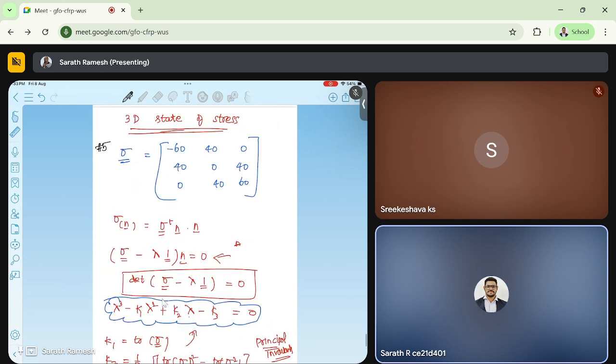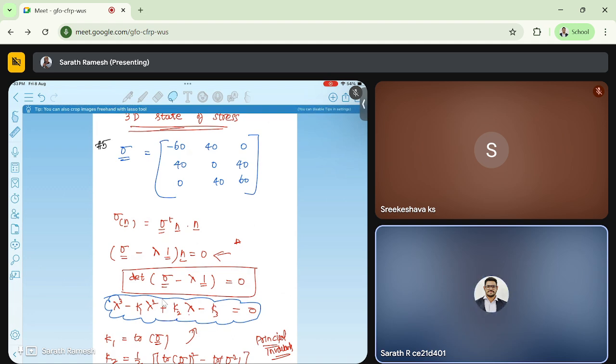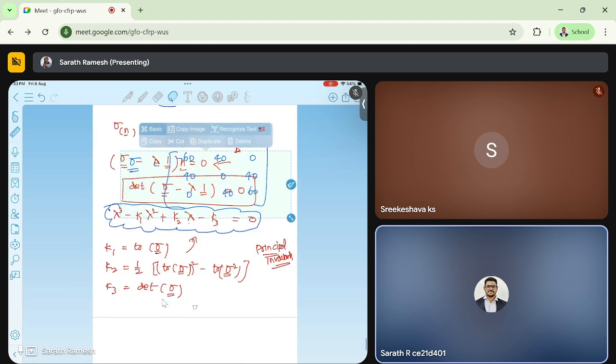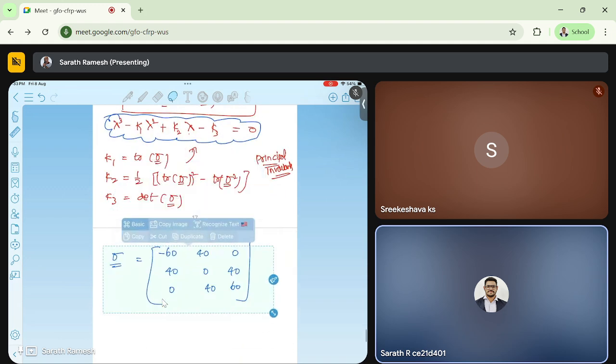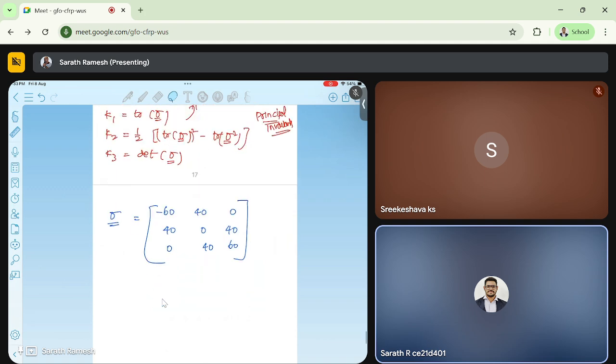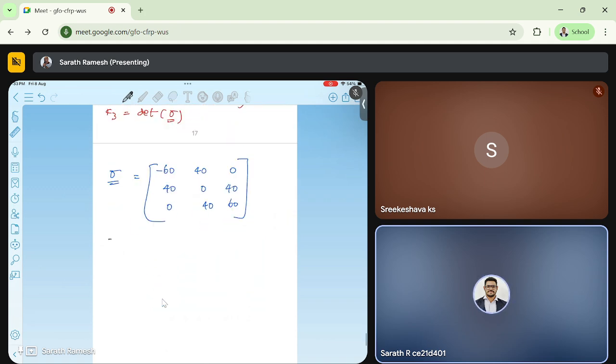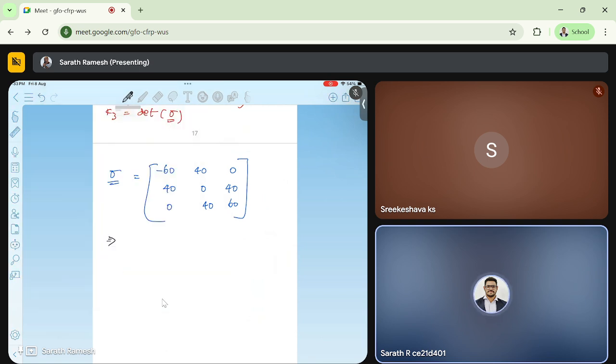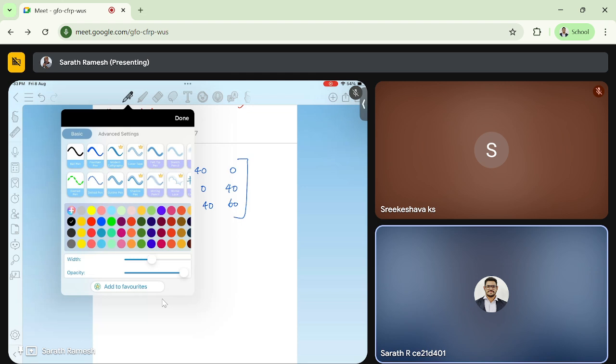Now let's solve. First, we have to find the principal stresses.